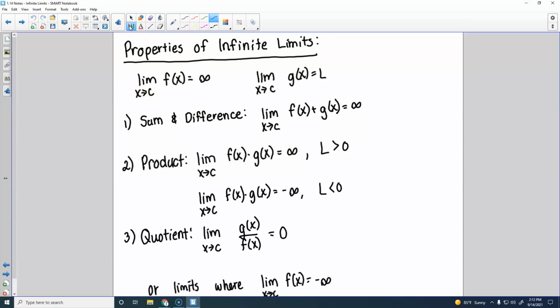Our first limit here, our limit of f of x is infinity. Our limit of g of x is just L, so just some number here. So our sum and difference properties apply here. If I'm doing the limit as x approaches c of f of x plus g of x, f of x is infinity, g of x is L, but what is infinity plus another number?